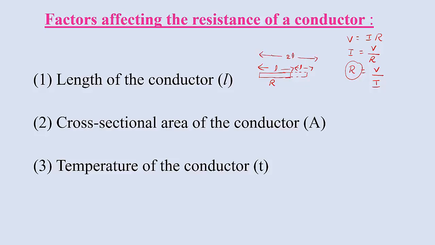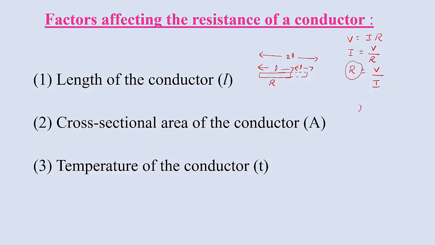That is 2L. As we go on increasing the length of this metallic rod, the fixed ions and atoms go on increasing. When fixed ions and atoms in that metallic conductor increase, collision also increases. When collision increases, resistance also increases.